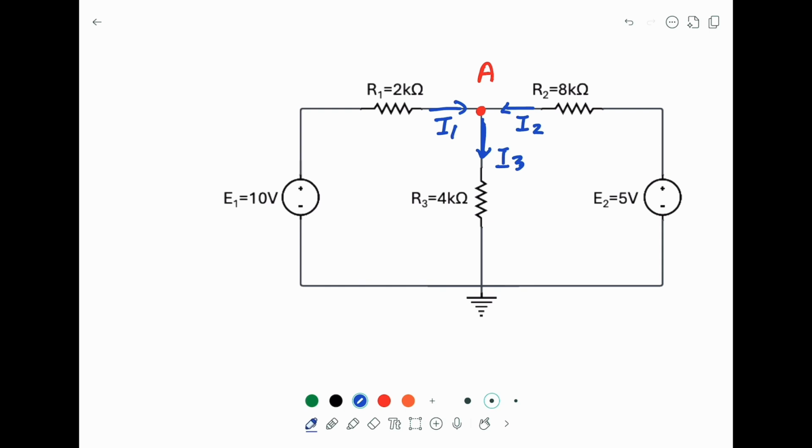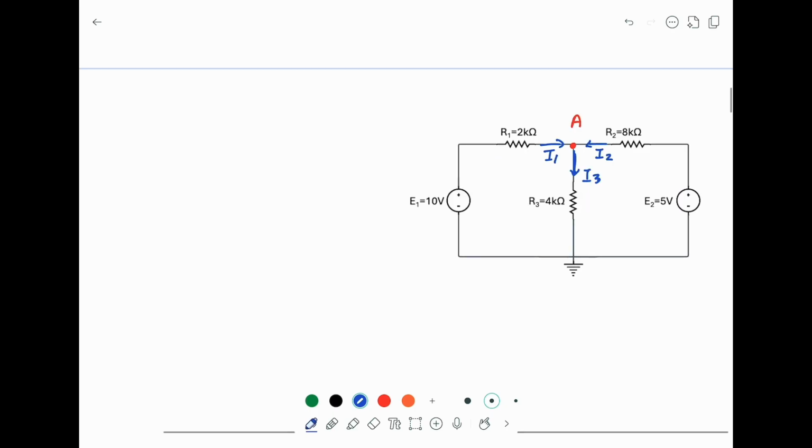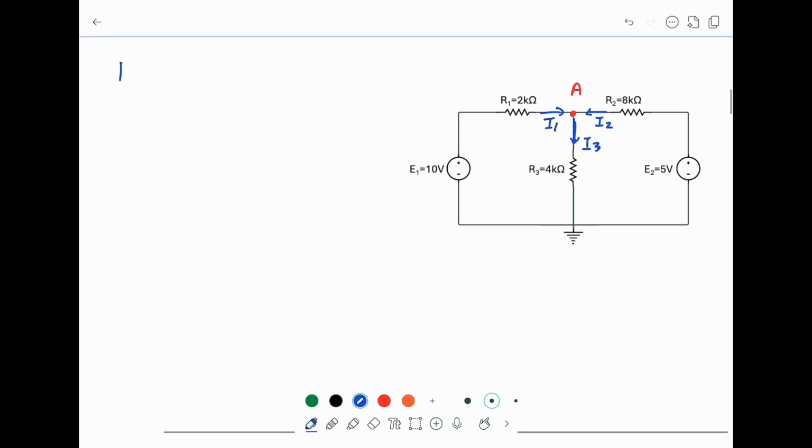If when we solve the equation, we find the loop current or any sign is negative, our assumption will be reversed. Next, let's write down the KCL at node A. So KCL at A should be I1 plus I2 equal to I3.